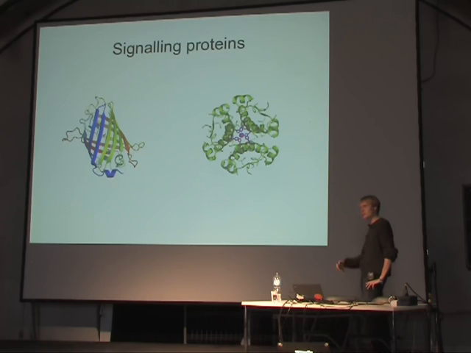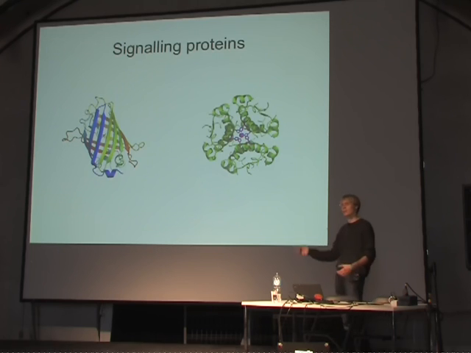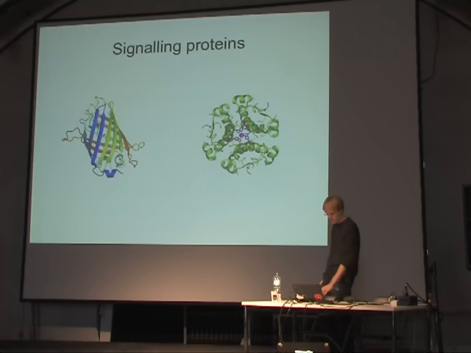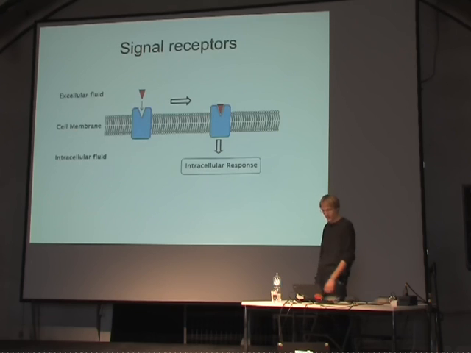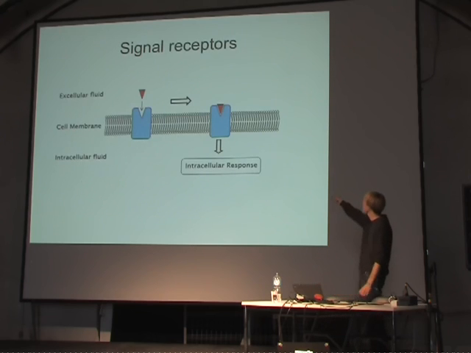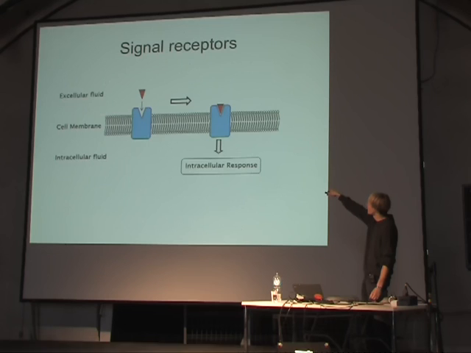Insulin actually goes outside of the cell and to other cells, and it can signal other cells in different parts of the human body. So you have some proteins that function to signal. You have signal receptors. So inside of cells, if you can imagine this, we're looking at the edge of the cell wall, and this is inside the cell down here, and up there it's outside the cell.